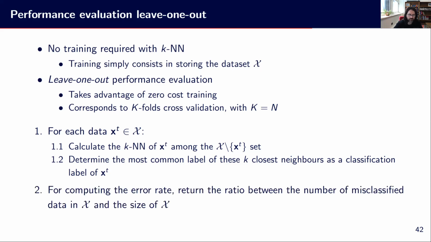And from these assignments, we evaluate the overall error rate for classifying all the samples according to KNN from the data set of all the training set except the data point itself.